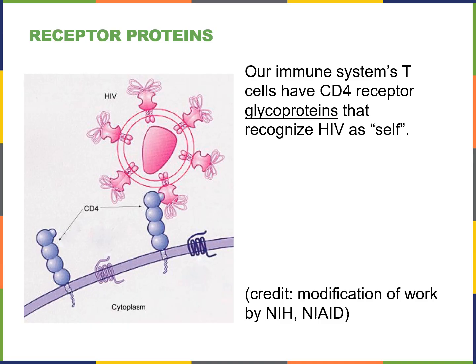While glycoproteins usually help the cell function, there are some exceptions. For example, in the immune system, we have T cells. Here are T cells over here. This is a cell membrane of a T cell. And B cells. T cells have a glycoprotein called CD4. This CD4 is a receptor on the cell surface.